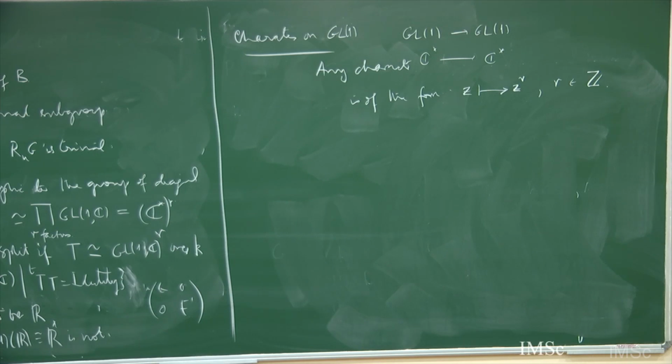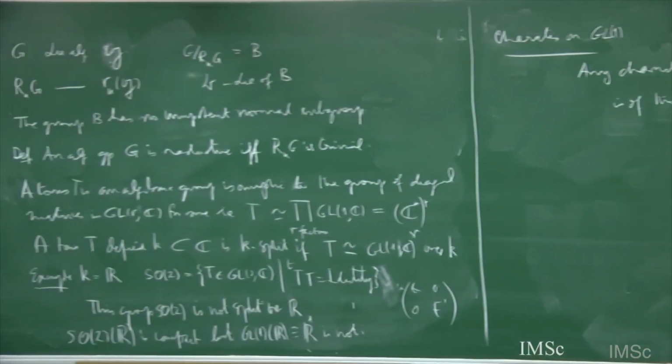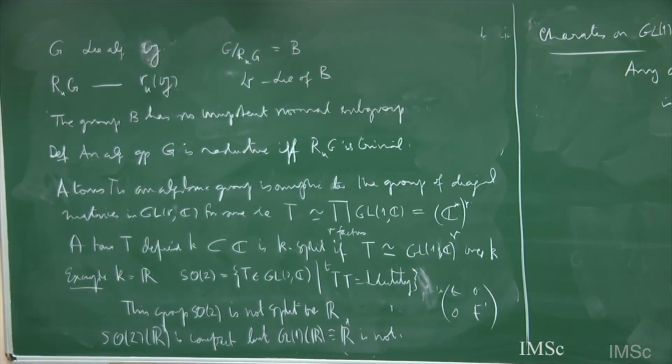You want a map which is polynomial in z and z inverse, and if you demand that, these are the only maps. The only homomorphisms we know: C star is nothing but S1 cross R, and S1 will have to go into S1 because S1 can be characterized as the maximal compact subgroup of C star.